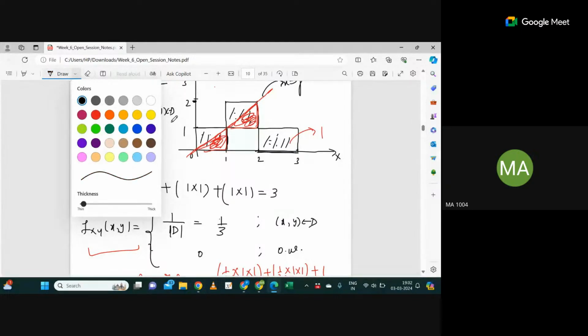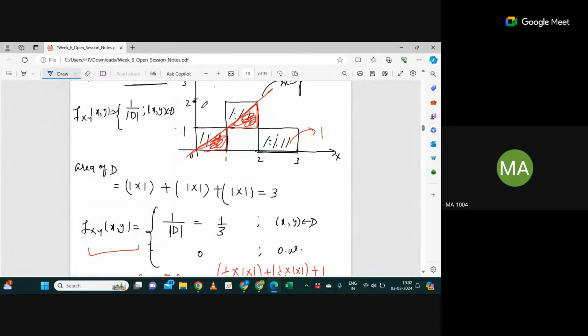First of all, let's find the region, I mean the support of y. If you want the support of y, then the limit of y will be 0 to x, right? Then 1 to x, and for x, 0 to 1.